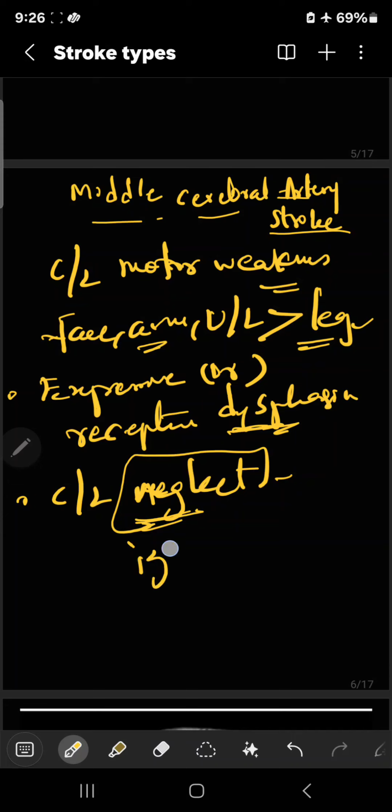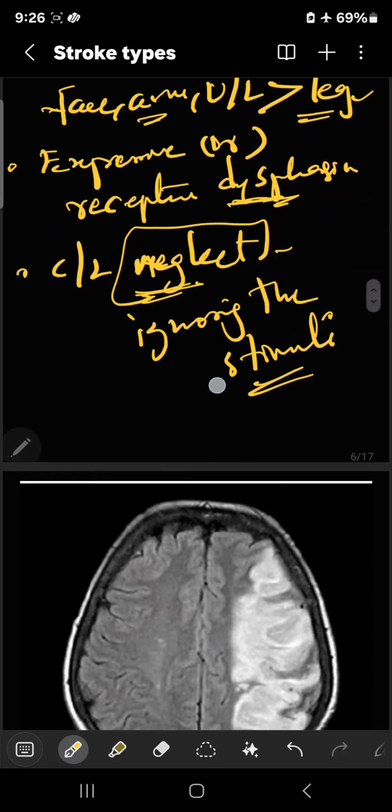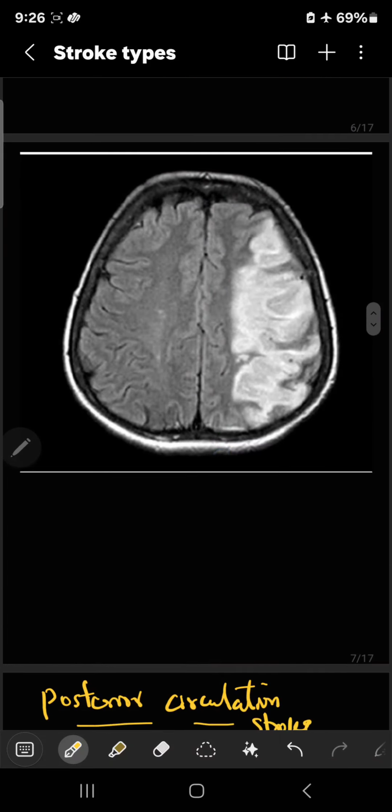So that is called ignoring the stimuli, right? And then this is the middle cerebral artery stroke, this part.